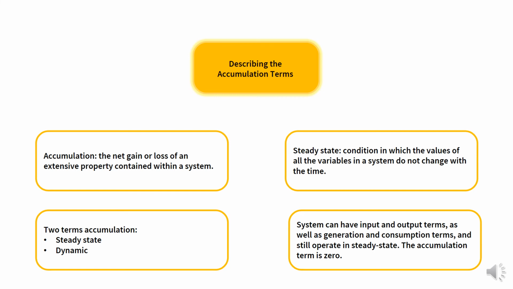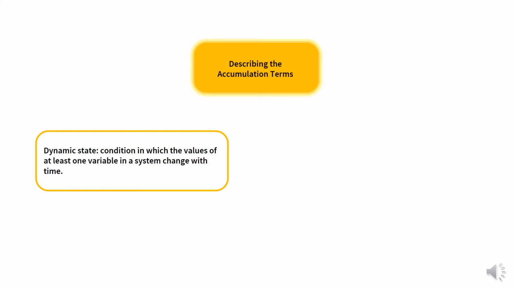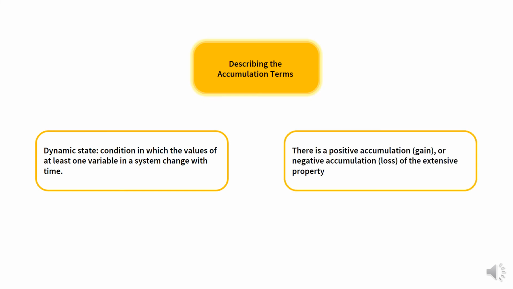And in a steady state system, the accumulation term is zero. And the dynamic state is a condition in which the value of at least one variable in a system changes with time. In a dynamic system, there is a positive accumulation or gain, or a negative accumulation or loss of an extensive property.